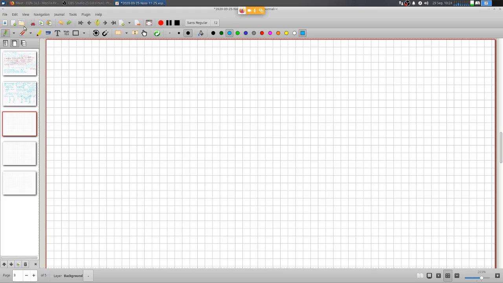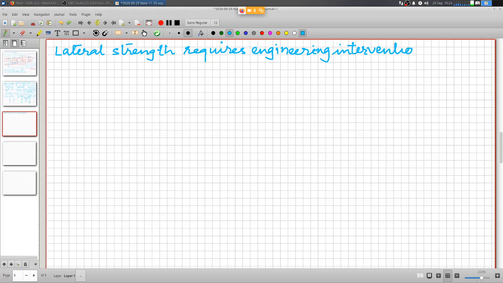So the right word is: lateral strength requires engineering intervention. What does this mean? Gravity load comes, resistance to gravity load comes naturally.